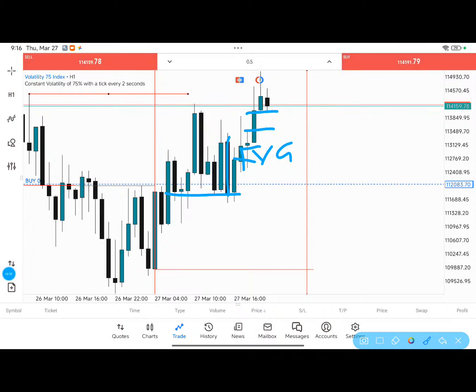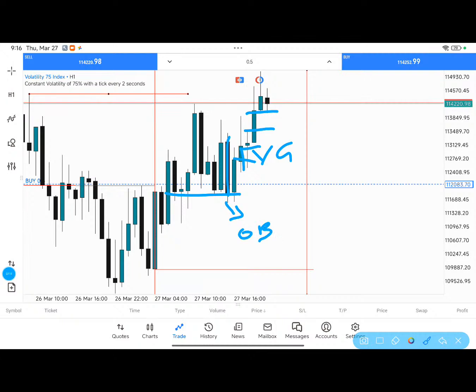So now we want to expect price, as it has retraced into this fair value gap, either close on it fully, or come deeper into this other order block in here. This OB is regarded as the order block, and then we want to see price rally back up higher.